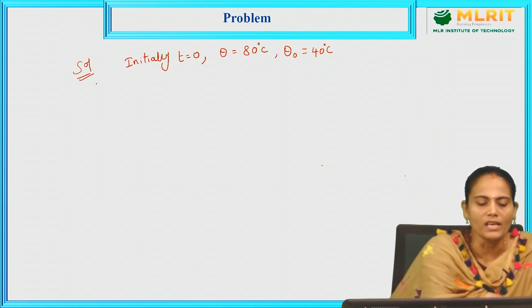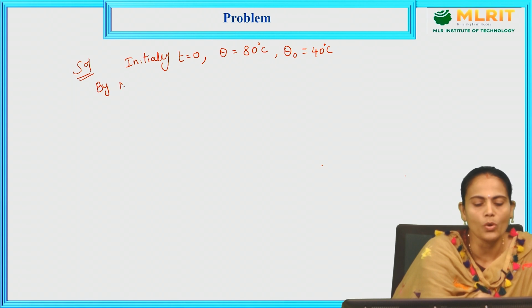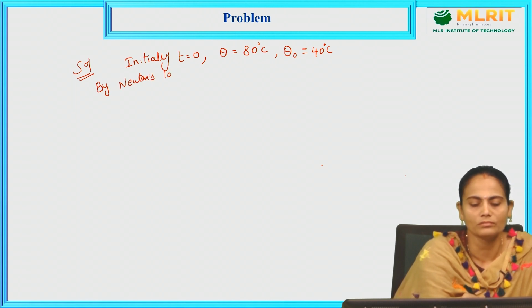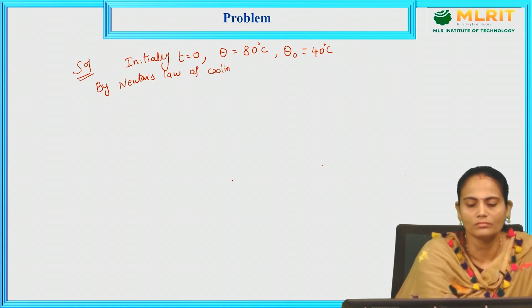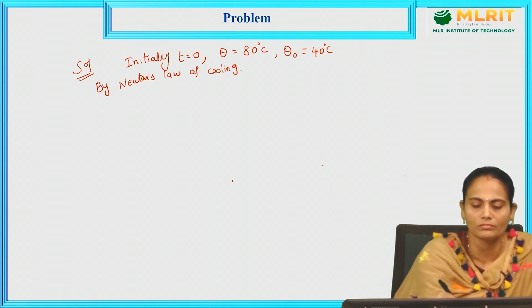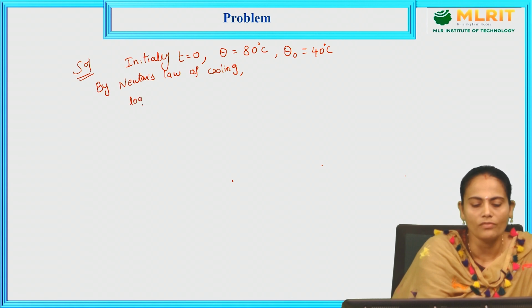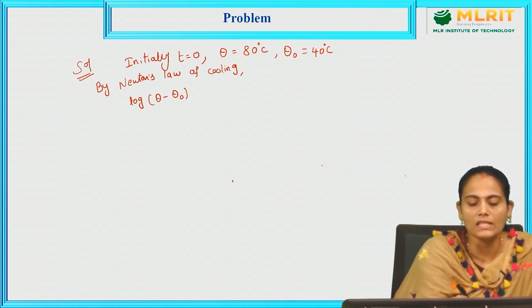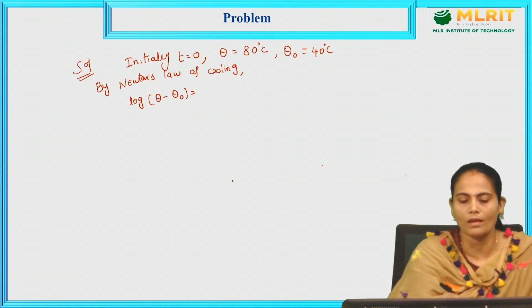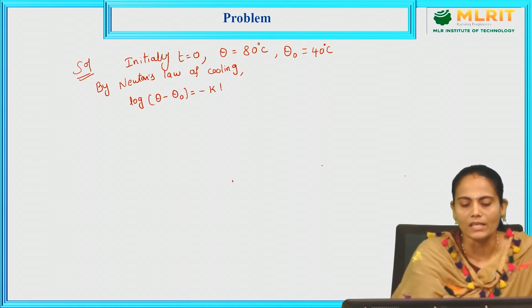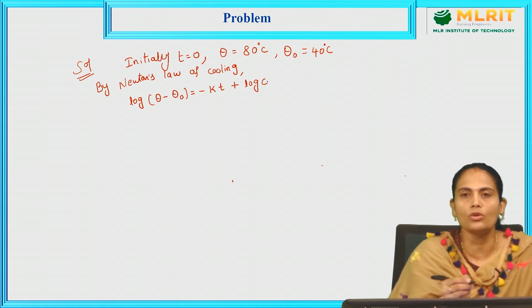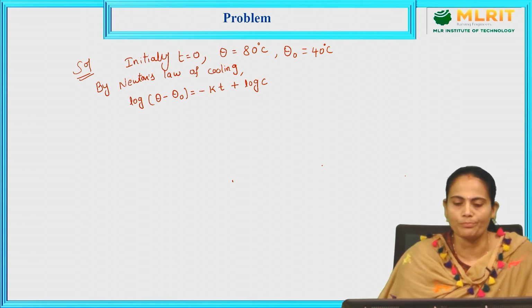So by Newton's law of cooling, log of theta minus theta naught is equal to minus kt plus, here I am taking the constant as log c.